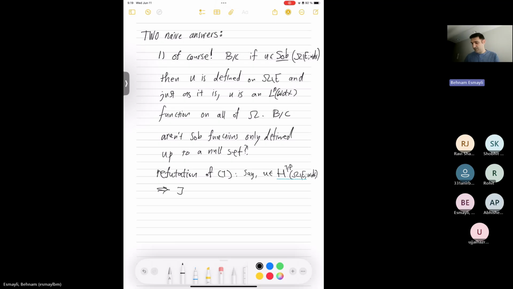This means there exists some sequence of smooth functions on omega minus E such that u_i converge to u in L^p of weight, and gradient u_i converge to gradient u in L^p(omega, dx).